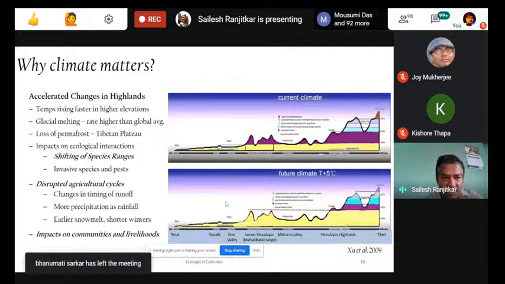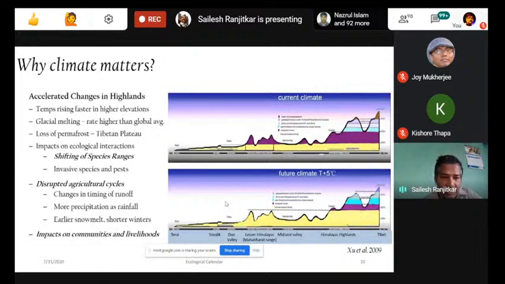So glaciers are melting, as we also heard in the earlier presentation, and the rate of glacier melting is higher than the global average. There is also loss of permafrost, mostly in the Tibetan Plateau. Impacts on ecological interaction include the shifting of species ranges, with invasive species and pests incoming. These are the ecological impacts currently happening, or that might happen in the context of a changing climate.